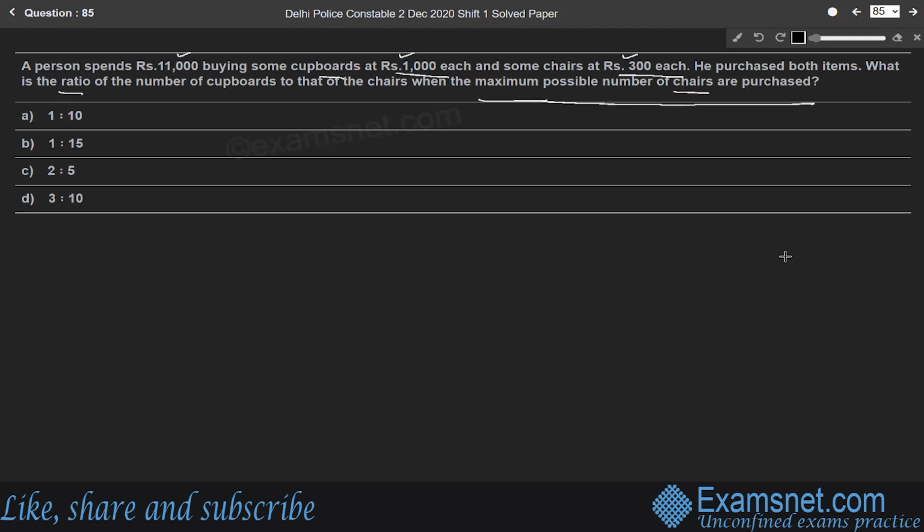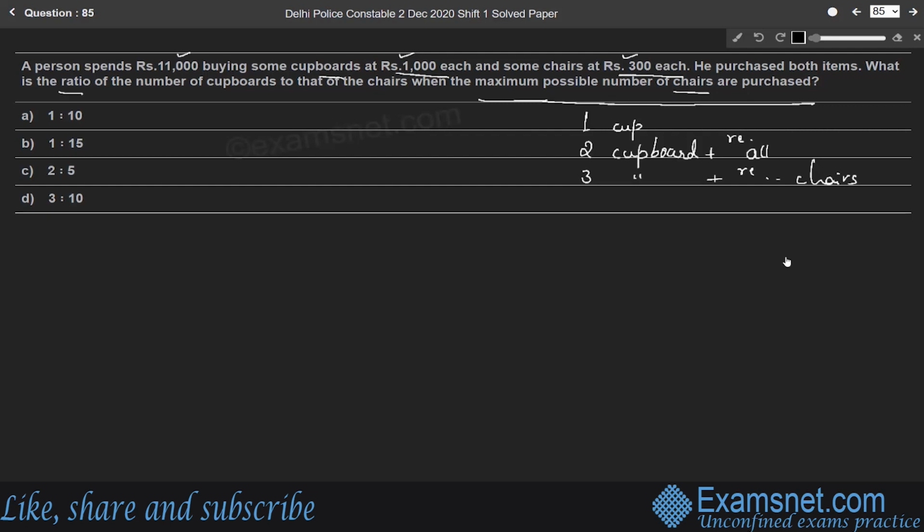That means there can be one cupboard and remaining all are chairs, or there can be two cupboards plus all chairs, or there can be three cupboards and remaining all are chairs. In this way, we have to find the maximum number of chairs that can be purchased when the total spending is 11,000 and the cost price of each item is 1,000 and 300 respectively.